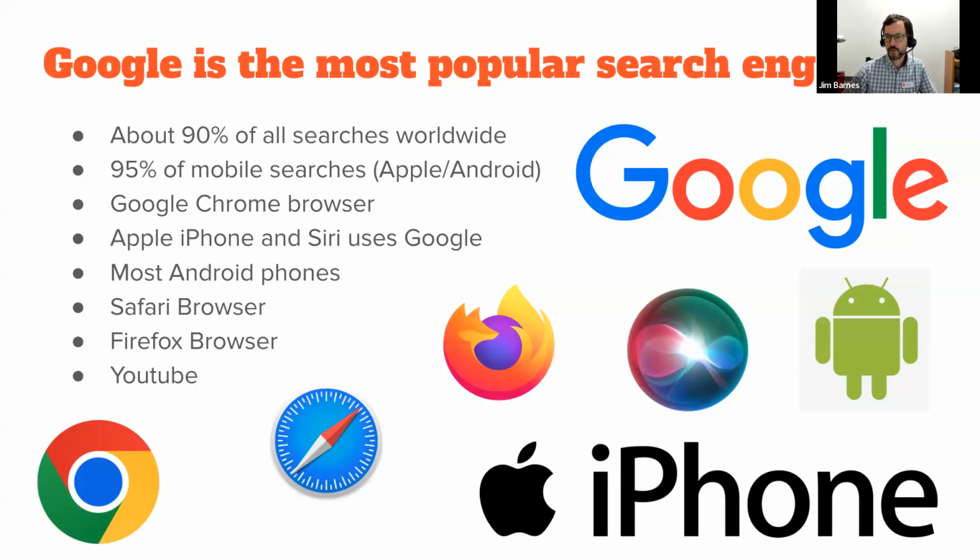Most Android phones partner with Google, so they use Google as well. If you use the Safari browser on an iPhone, that's using Google. Firefox browser, YouTube, like we already mentioned. So between iPhones and Android phones that come with all the Google suite in there, that's a lot of the phones out there. So when you're searching, it's usually Google on your phone.